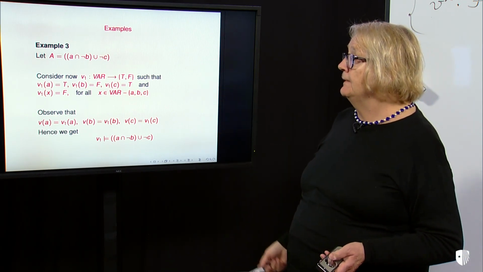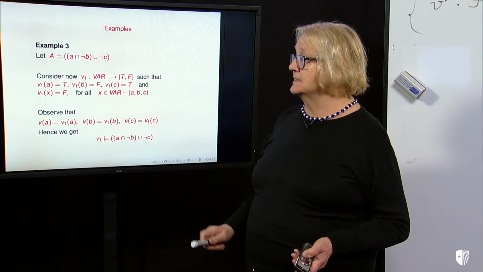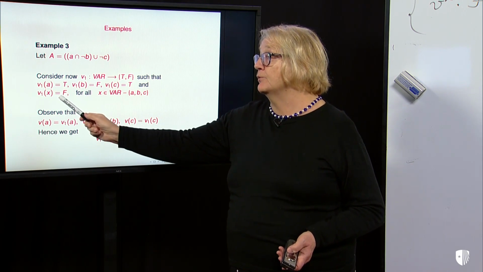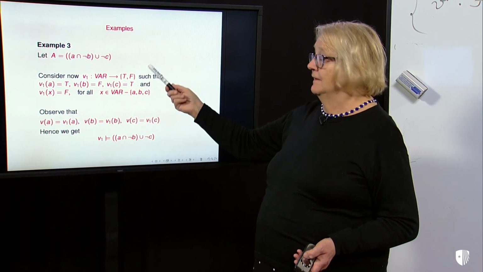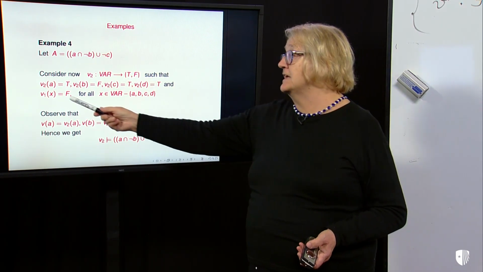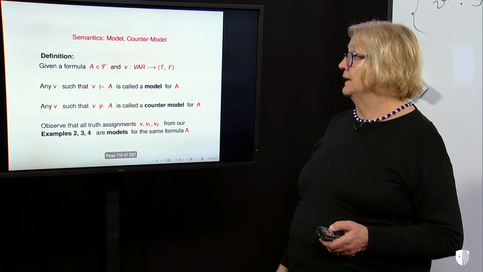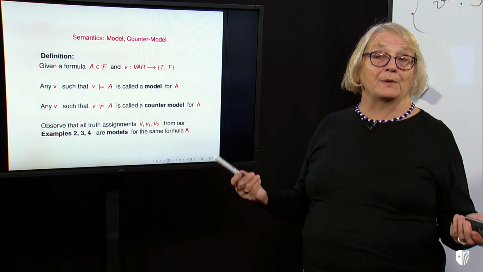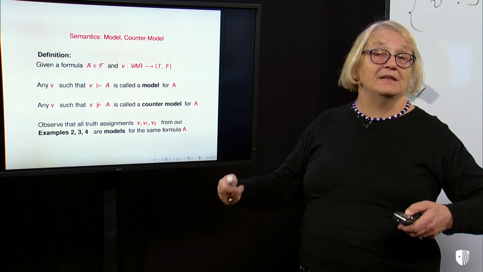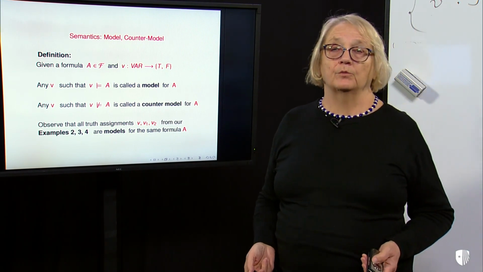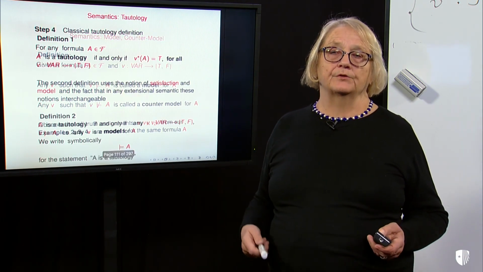Here is an example of another variable assignment which says T on A and B and C the same, and then I put F for other variables, and of course this would satisfy that formula, and then I can extend it in a different way, so that would also satisfy that formula. So now there is a question: if you have a V which satisfies a formula, how many V would satisfy that formula? And now we also have the language of models: a V which satisfies a formula is called a model, or a countermodel.